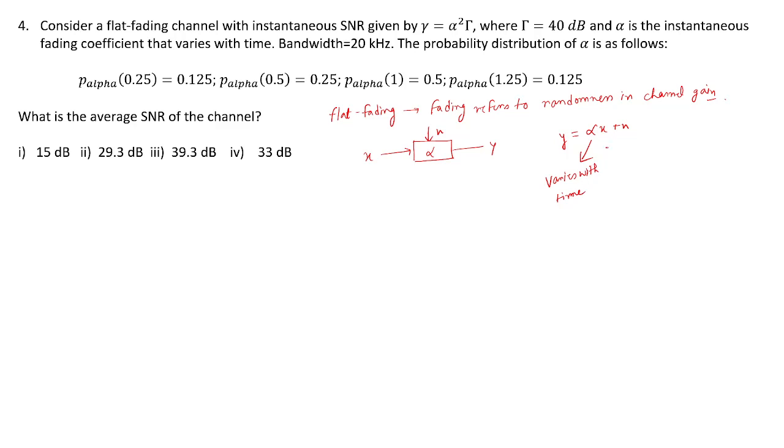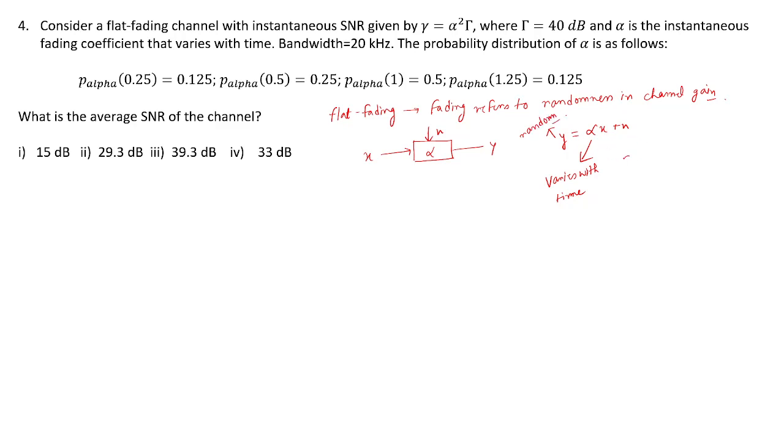Consider two extreme situations there. If alpha value is greater than 1, you received an amplified or higher scale version of the transmitted signal X, and sometimes alpha will have a very low value, that is less than 1. That means you will get an attenuated version of the signal, and since alpha varies with time, alpha X becomes random, which in turn makes Y random.